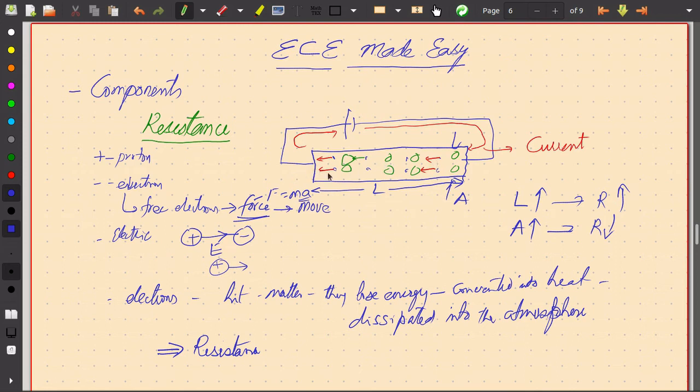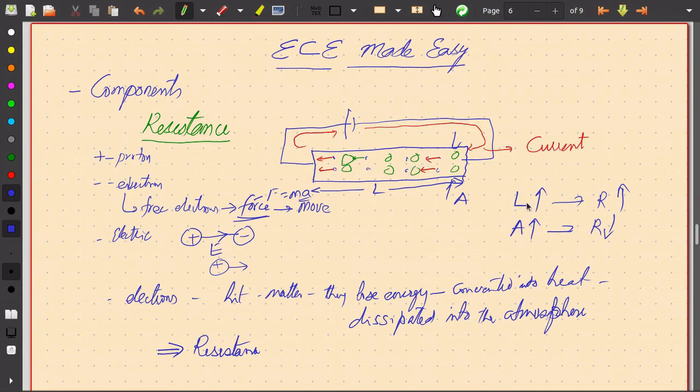So this you can compare with your traffic. The longer the road you are talking about, the more trouble we have in driving. Longer roads, we need to come across with more traffic, and hence we face more resistance for our free movement. At the same time, if the roads are wider, then this traffic gets spread out, and hence the resistance to our movement comes down.